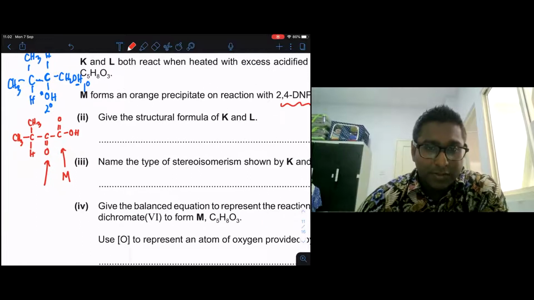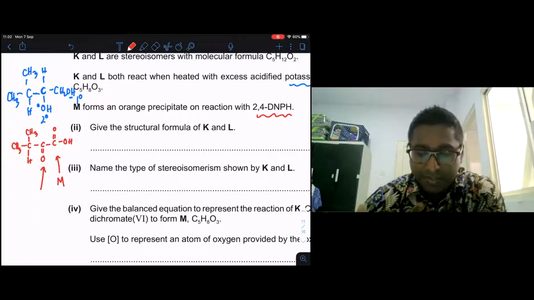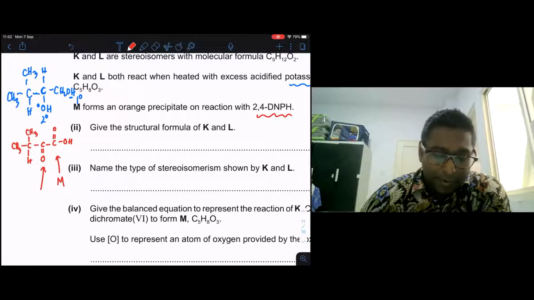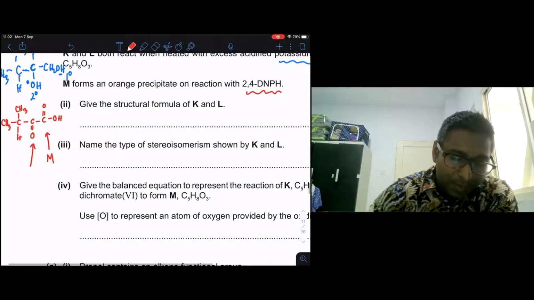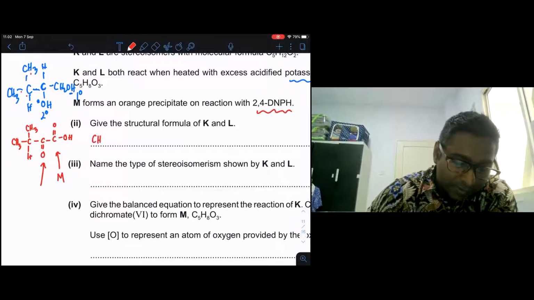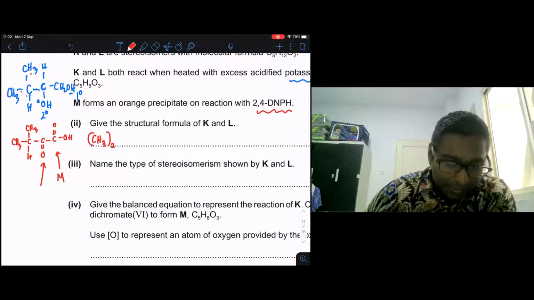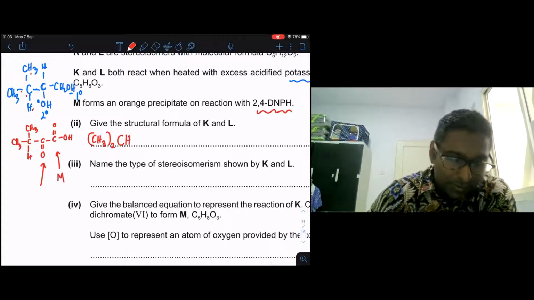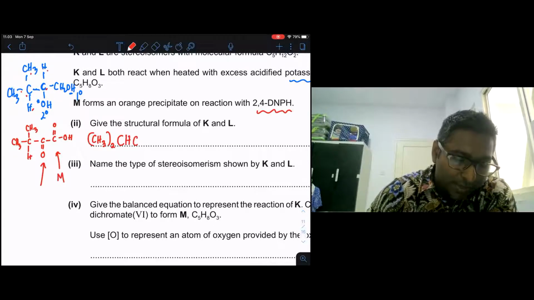Now, give the structural formula of K and L. They mention structural. When you write down the structural formula, be very careful. The carbon is attached to 2 CH3, so I will put (CH3)2. And then this carbon has hydrogen, done. And then you have C, and this C is bonded to H and OH.